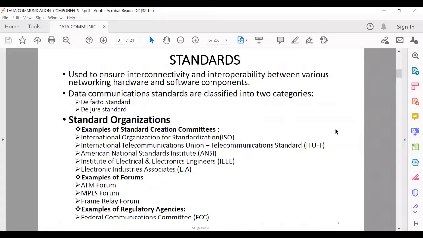Others are the American National Standards Institute, the Institute of Electrical and Electronics Engineers (IEEE), and the Electronic Industries Association. All these are different standards creation committees, and there are many forums like the ATM forum, MPLS forum, and Frame Relay forum, and also a regulatory agency called the Federal Communications Commission. These standards are used in computer networking as well as in data communication techniques.